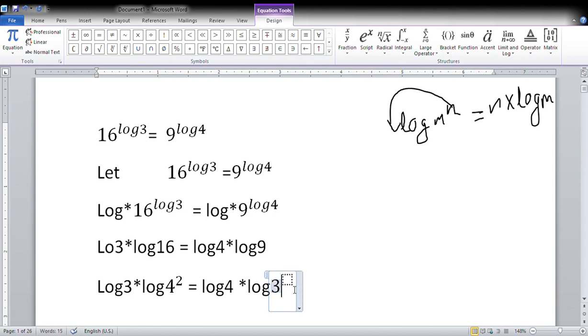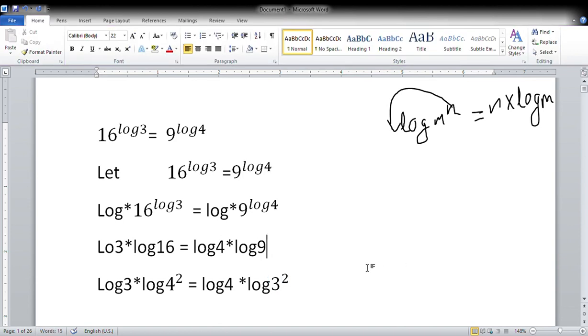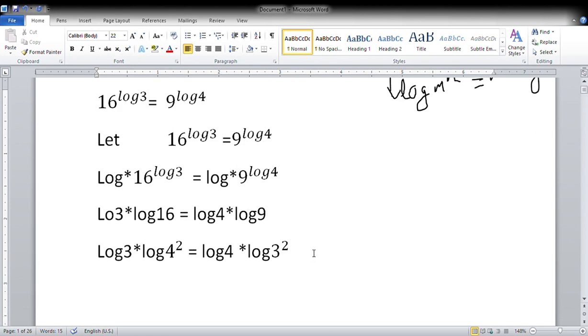Again, if there is any number present on the power side, it will come to the front side also. Same thing is happening, whatever you have used, log m to the power n is simply n multiplied by log m. So on the left hand side we take log 3 multiplied by this 2 from 4 to the power 2, which comes to the front side.